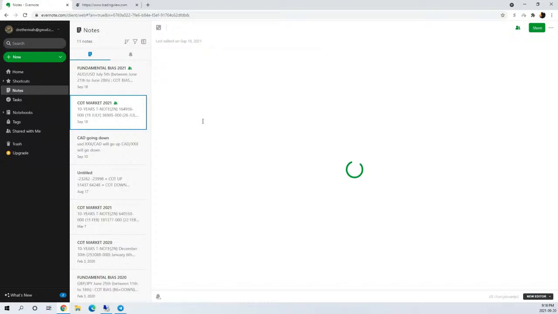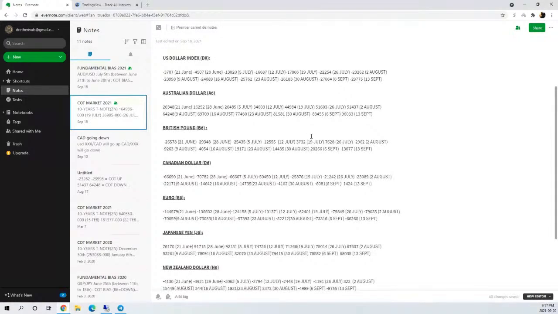All right, so to get the fundamental bias for this week, the week of the 20th, you have to look at the last 2 weeks of information. So to give you the actual bias here for the week, okay?